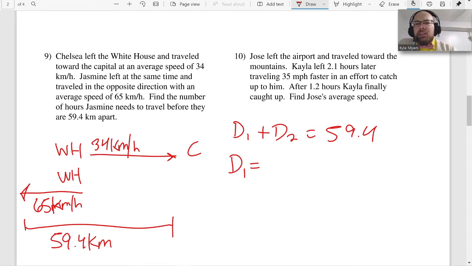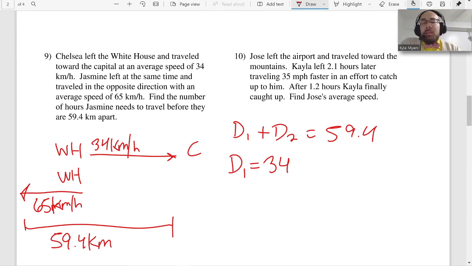All right, so let's look at Chelsea first. They left at the same time, so we don't need to add anything to the hours. It would just be 34 times the hours, which we don't know actually. But it says find the number of hours Jasmine needs to travel before they are 59.4 kilometers apart. Well, if they're leaving at the same time, then the amount of time Jasmine needs to travel is the exact amount of time that Chelsea has to travel, right?